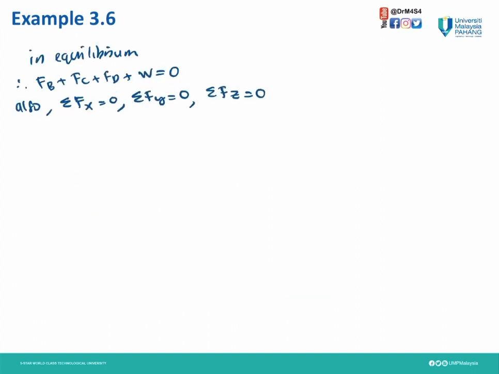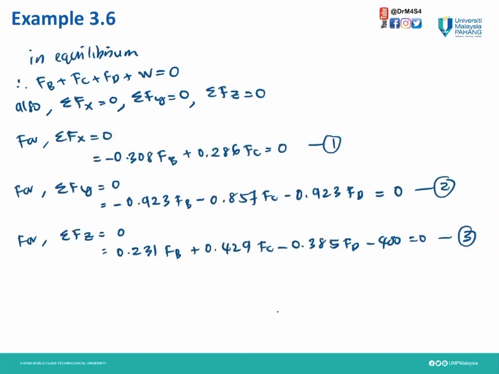As stated earlier, the system is in equilibrium. Therefore, FB plus FC plus FD and the weight equal 0. Also, remember the summation of Fx equals 0, the summation of Fy equals 0, and the summation of Fz equals 0.